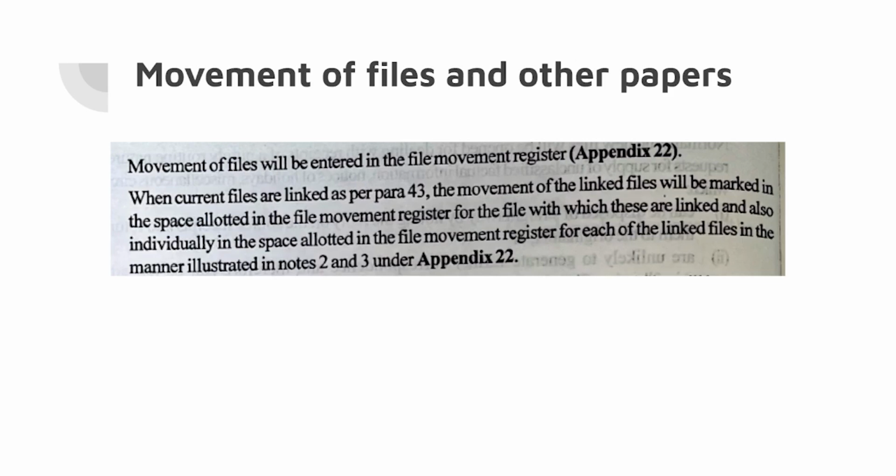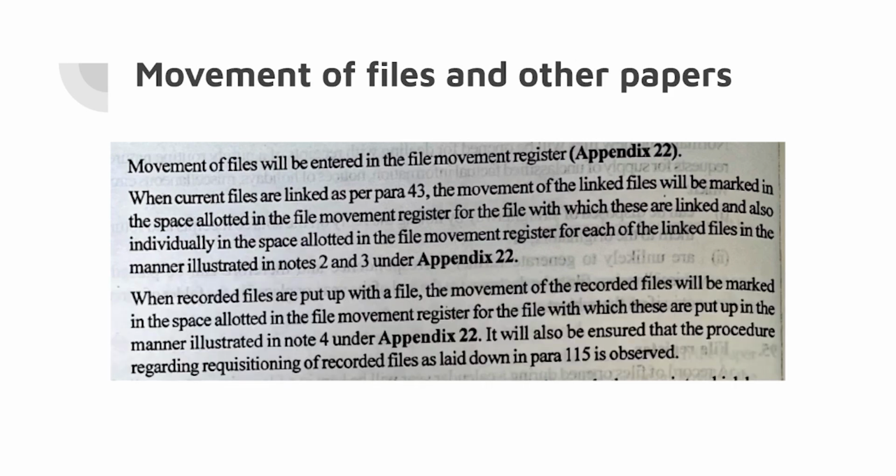When current files are linked, as per para 43 in this chapter, the movement of the linked files will be marked in the space allotted in the file movement register for the file with which these are linked, and also individually in the space allotted in the file movement register for each of the linked files in the manner illustrated in notes 2 and 3 under Appendix 22 in the Manual of Office Procedures.